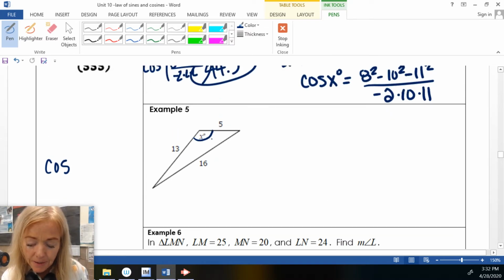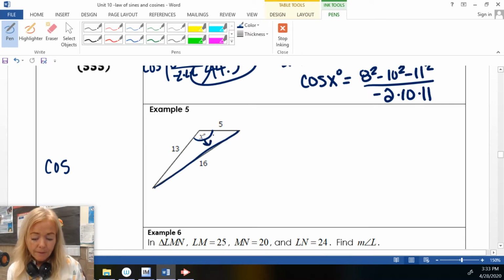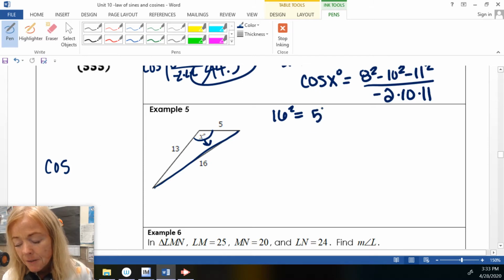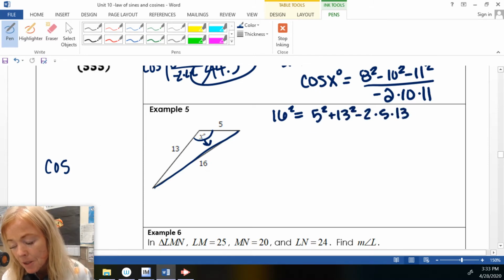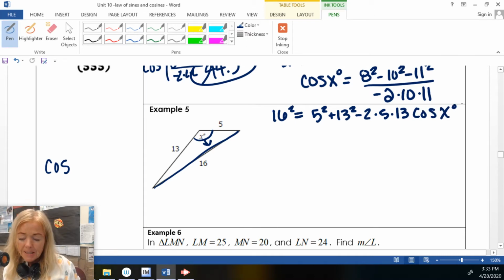This is the angle. This is the side opposite. On law of cosines, you need to figure out that first so you know what is going to be equal to what. So 16 squared equals, so you know that that's the side by itself. And then 5 squared plus 13 squared minus 2 times 5 times 13 times the cosine of x degrees. Okay?